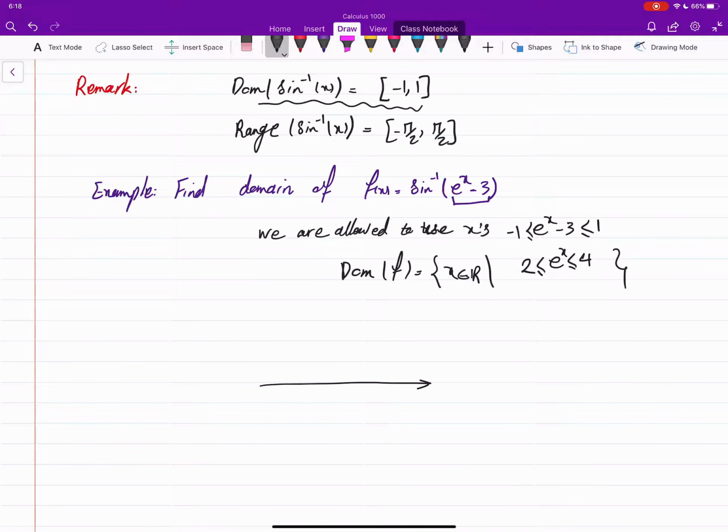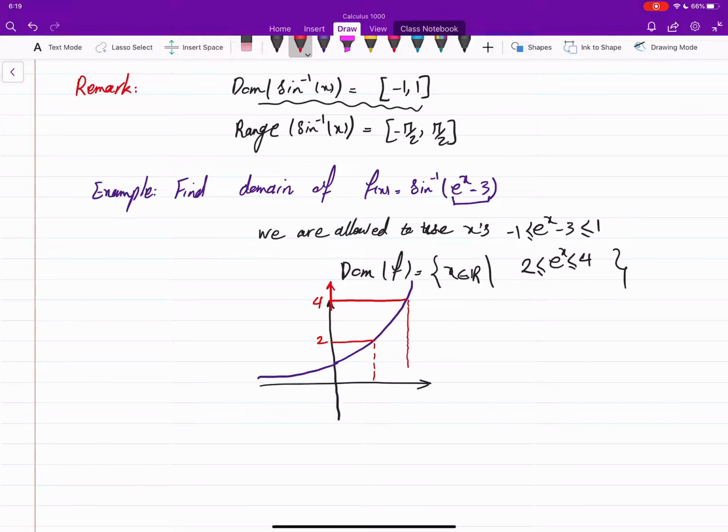Let's just have a look at the graph of e to the power x for a second. So e to the power x, something like this. And now we are just picking the parts of this guy, which is between 2 and 4. What kind of x's we will have?